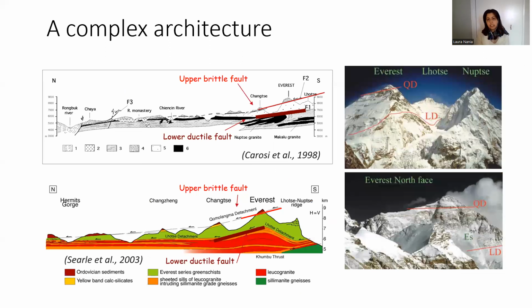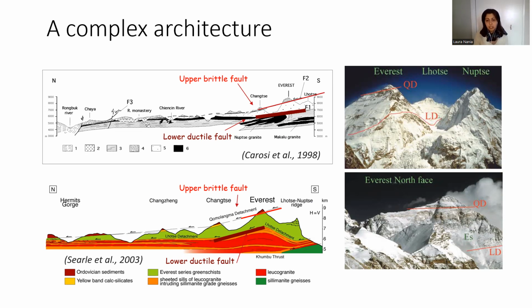It also has a complex architecture, because this is a system where we have a major mylonitic zone affecting, as I was saying before, the high-grade rocks of the Greater Himalayan sequence and the metasedimentary rocks of the Tibetan Himalayan sequence.